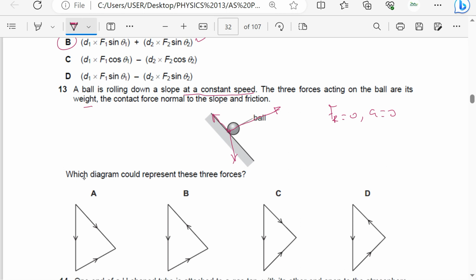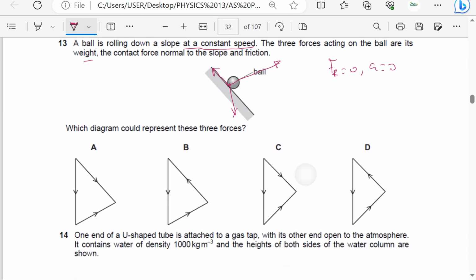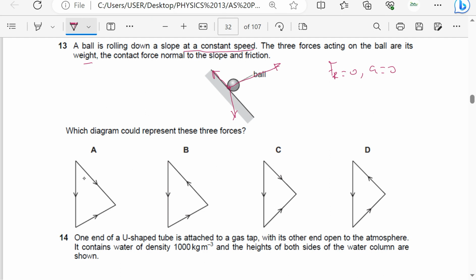So these three forces should form a closed triangle when combined. If I fix the weight vertically downwards, and on the weight I add the contact normal force in that direction, and I add the friction in that direction, I should form a closed triangle like that, or the other way around.